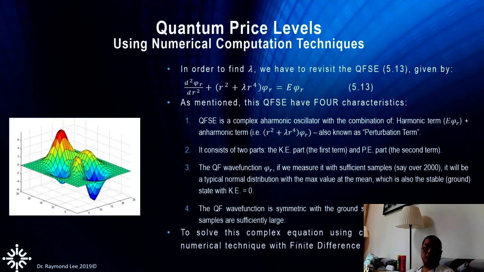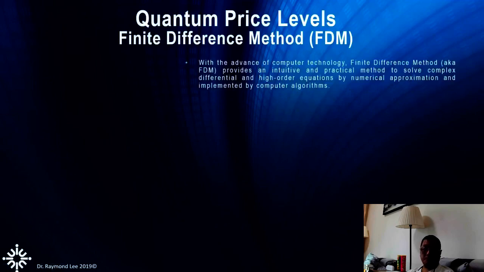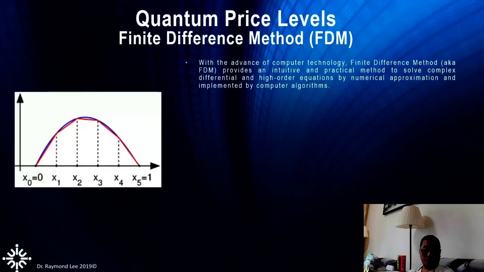So we are using the method we call the finite differences method, FDM. It's simple. With the advance of computer technologies, the finite differences method provides a very simple way to solve differential or higher order equations by numerical approximation, using the original idea by Newton, right?